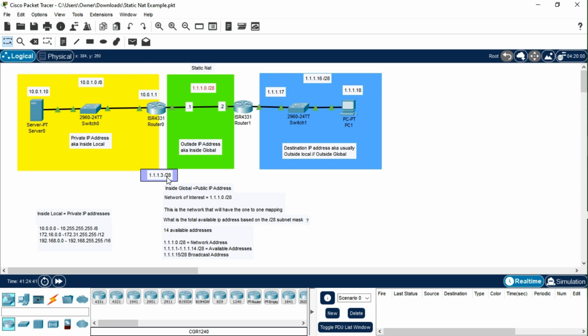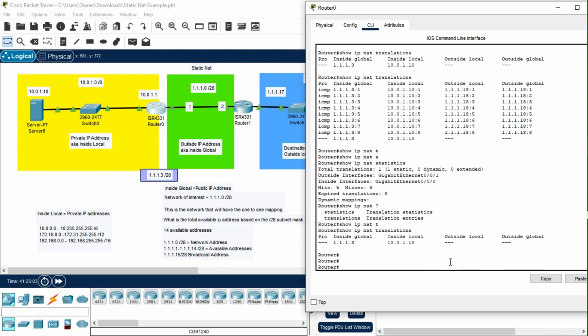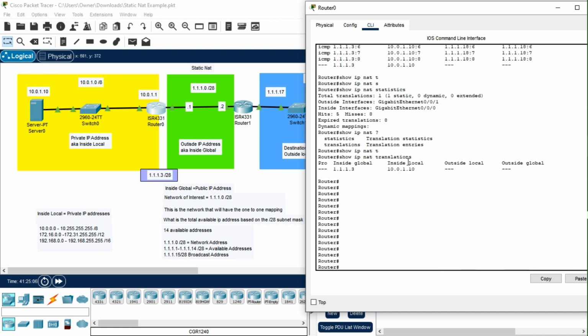1.1.1.3/28 is the address. Because mind you, out of these 14 available addresses that we used, 1.1.1.3 is the one that we have the one-to-one mapping. And I'll prove it to you. If I go here, I already have some of those commands shown, but let's do it again. Look at this right here, inside local.